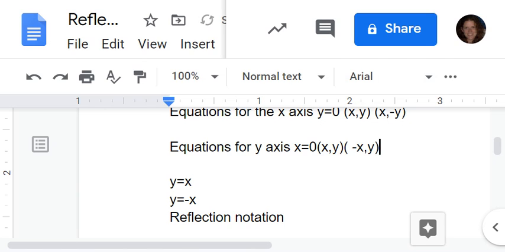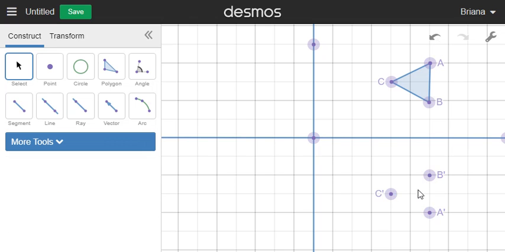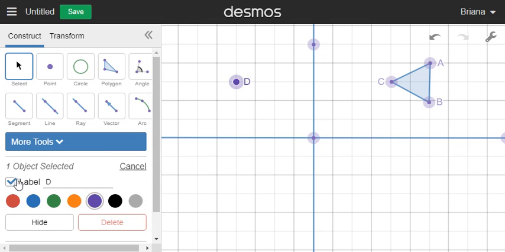I'm going to delete all this and all these points. Let's say we were going to move this across here. Now for C, I'm 4 away. So if I stay there, 4 away on the other side, that is going to be my C prime.